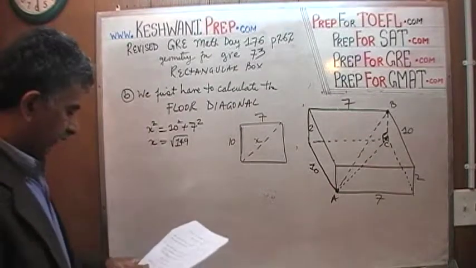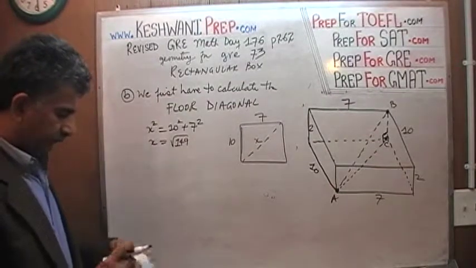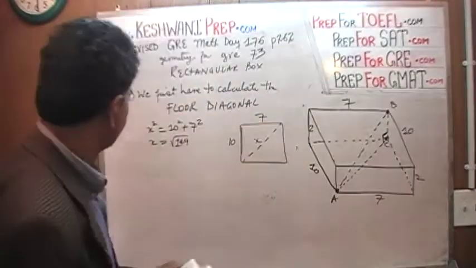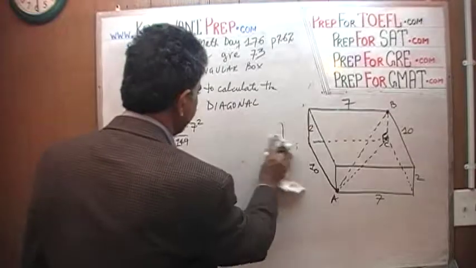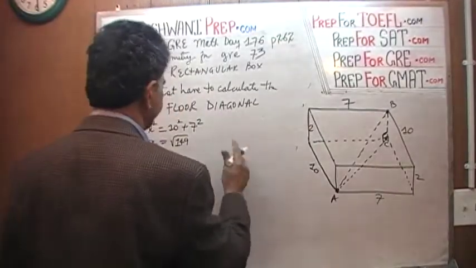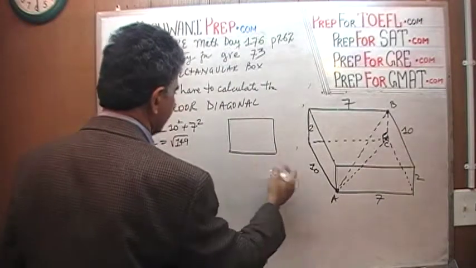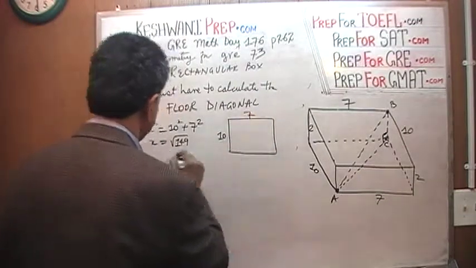Now that we have the floor diagonal, let's look at triangle ABC. That was the floor. The floor is 10 by 7.